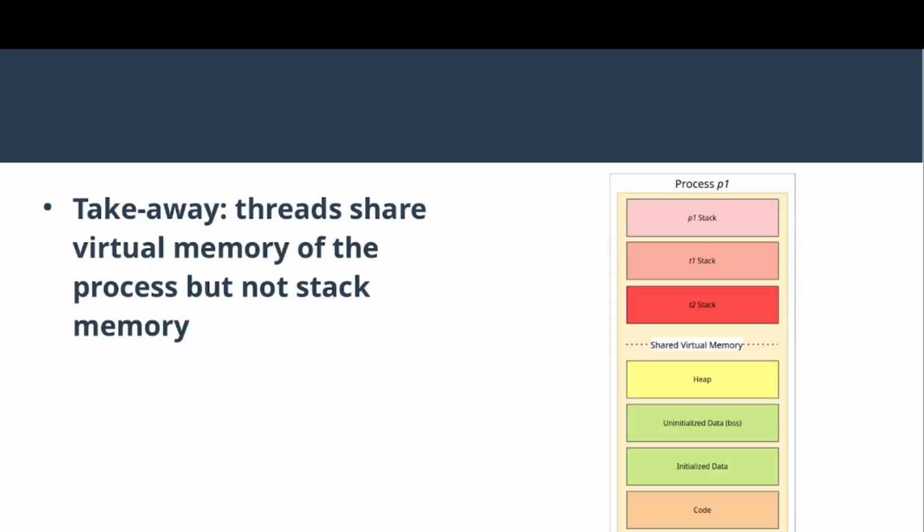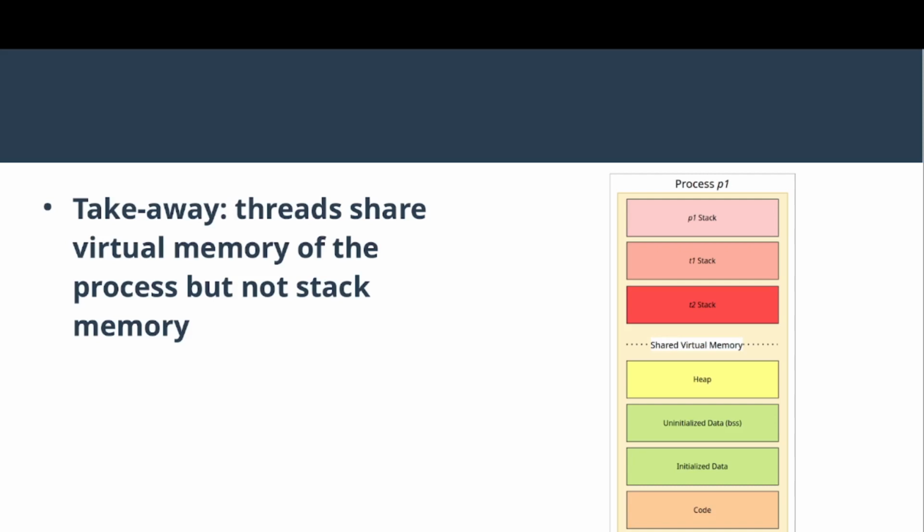So the takeaway here is that threads share virtual memory of the process, but not the stack memory. So again, we have that process-wide memory that all threads can access, and then each thread itself will have its own stack that cannot be shared across the threads. And so on the right here, we have an illustration of the memory layout of a process P1. And we'll start from the bottom here.